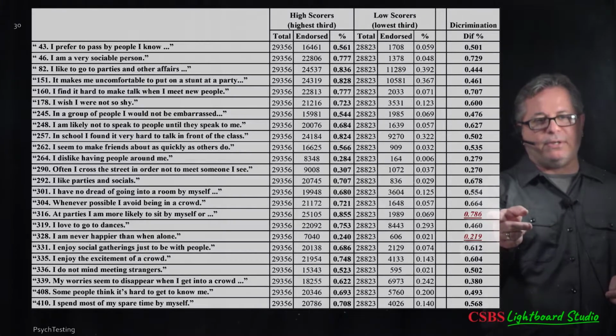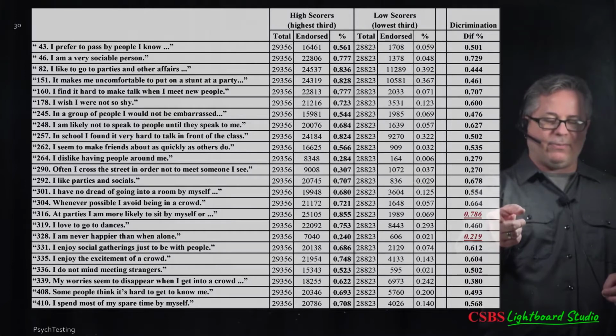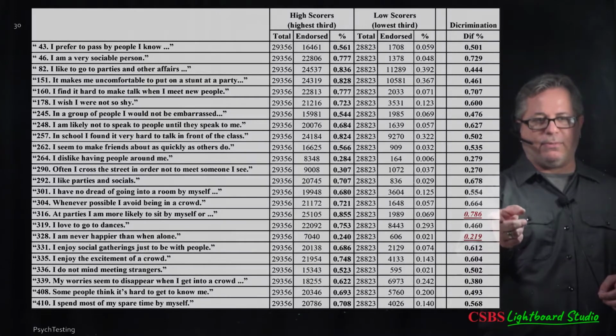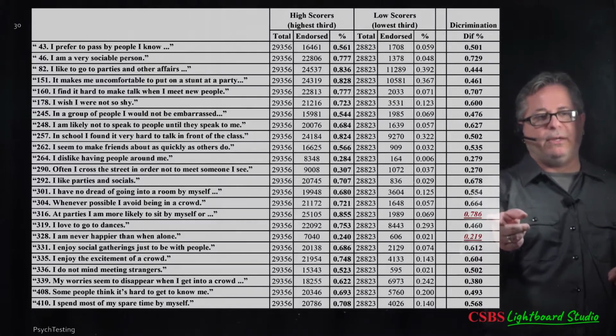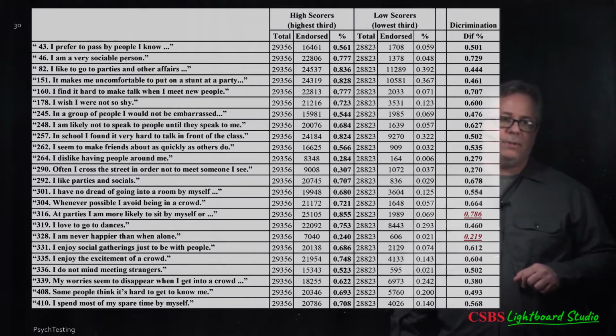It's almost an 80% endorsement difference for the item about at parties I'm more likely to sit by myself, or I forget what the rest of it is. Something like sit by myself or with just a few people, sort of limiting your social interactions at parties.